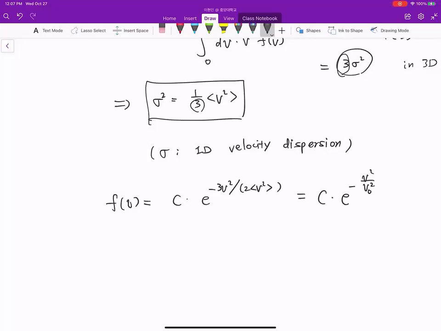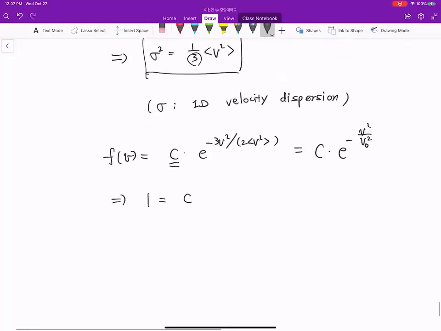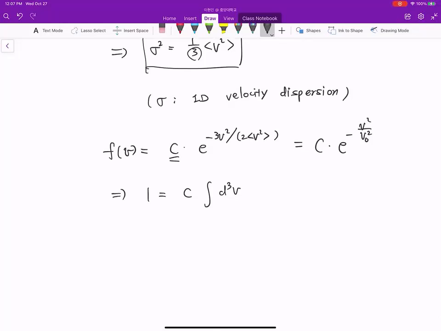We can introduce V naught square instead of dispersion. Then we can determine this overall constant normalization factor from the integral. Here, we need to take the volume integral, including the phase space, so including the solid angle integral.